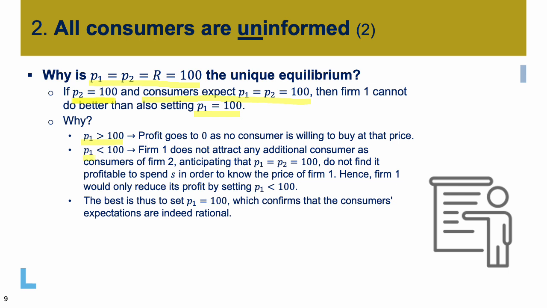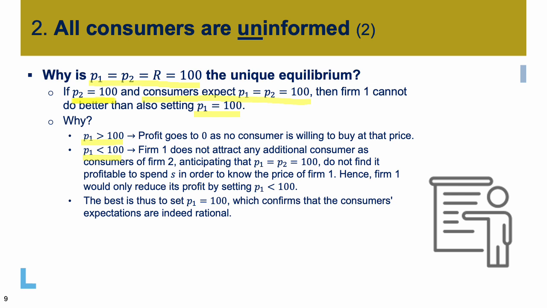Now, we would think that there is an incentive for firm 1 to lower its price. Okay, with the previous logic of the Bertrand model, lowering the price allows you to attract consumers. But the problem here is that the consumers who are not buying from you now are the consumers located near shop 2 who don't know your price. To discover your price, they would need to pay the search costs of 2.